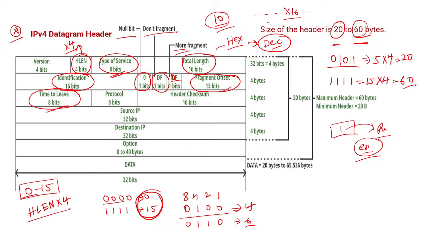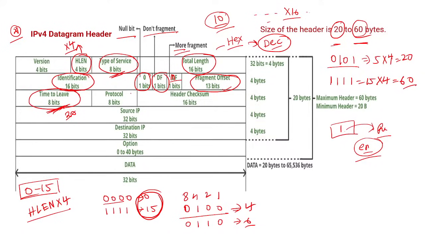So the total time is given, and it is always decremented. If the time is given as 20, it goes down one by one. From this we can understand how much time remains and how many more routers it can traverse.